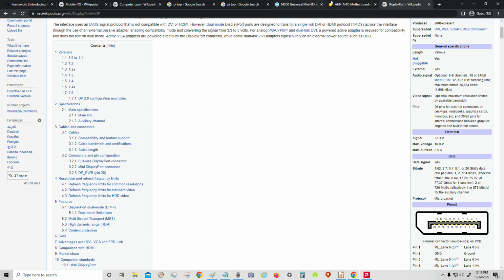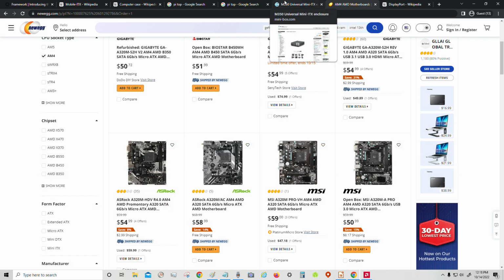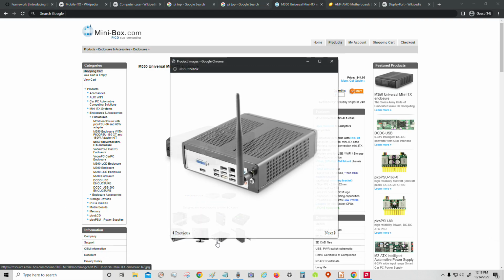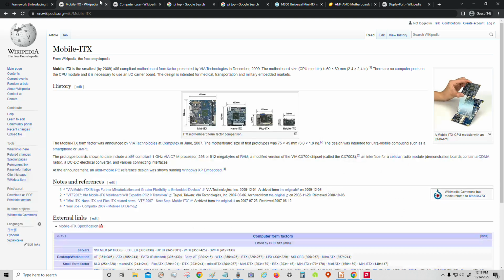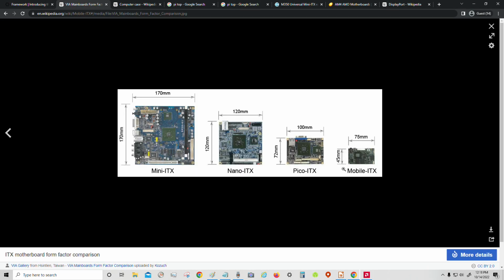But that would be one good avenue for adopting a specification like that, because if you were to combine that with something like a mobile ITX, you could potentially allow the space of that case to give flexibility in having different types of connectors.